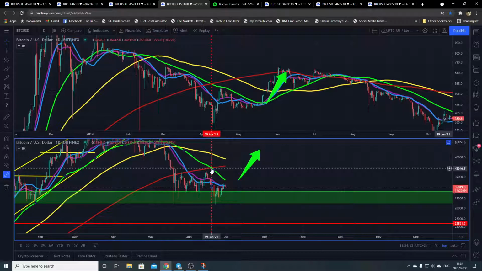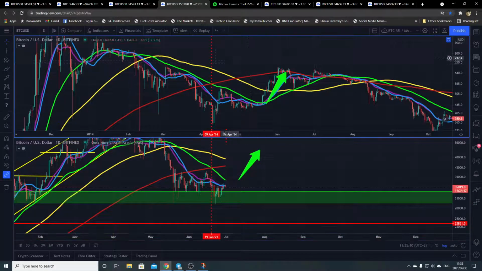We've got the death cross here, the 50 MA and the 200 MA crossing. I've drawn a dotted line at the same time that we got a death cross on the 9th of April 2014, just to give you a reference and to show what I am seeing in the medium short term that could happen in the Bitcoin price.